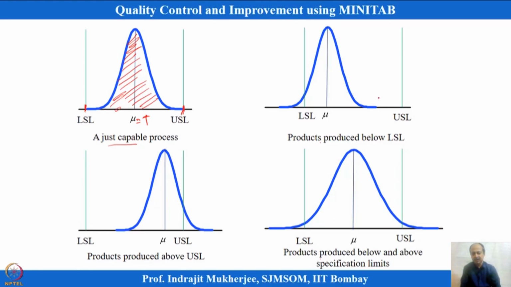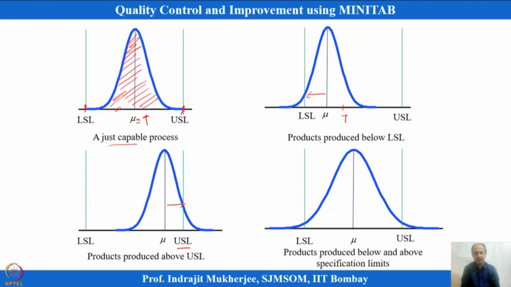Here what you can see is that variation is high, but I have shifted to the lower specification side. I have also moved away from the target values. So, this is undesirable. We have variation, and we are also moving away from the target values. Similarly, what you see over here is that I am moving away to the other side, towards the upper specification.